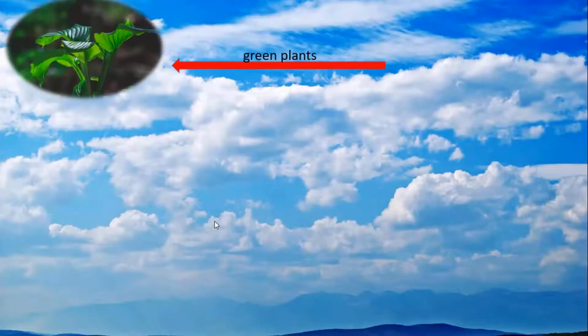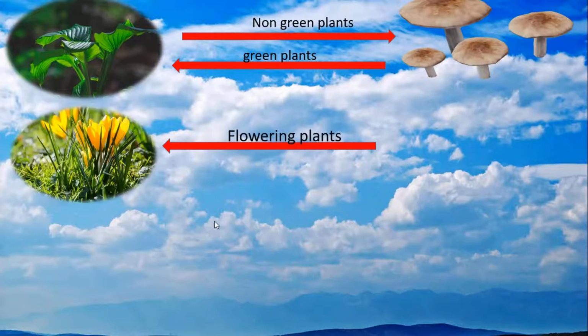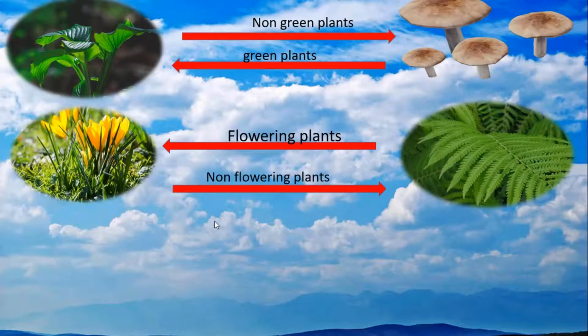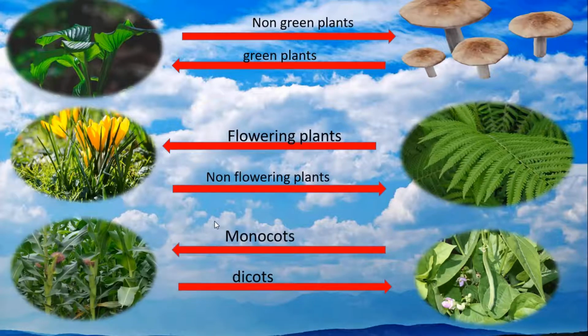To start with, we are going to look at green plants and non-green plants. We also have flowering plants and non-flowering plants. Dicots and monocots. Good.